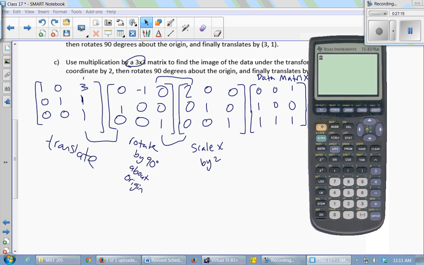Then matrix edit B, 3 by 3: 0, negative 1, 0, 1, 0, 0, 0, 0, 1.